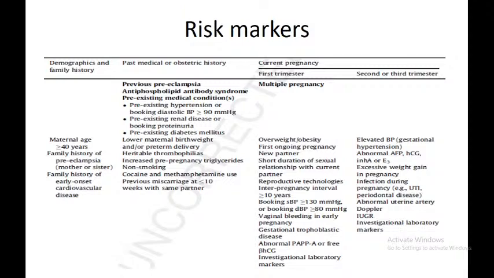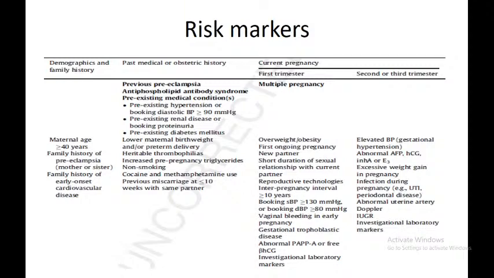And also if the inter-pregnancy interval is equal to or more than 10 years, and of course at the booking visit, if her systolic blood pressure is more than or equal to 130 and the diastolic blood pressure is equal to or more than 80, again the likelihood of developing this condition is high. And also if she experiences vaginal bleeding in early pregnancy, and of course we very well know that in gestational trophoblastic disease, we see early onset preeclampsia, usually even before 20 weeks.